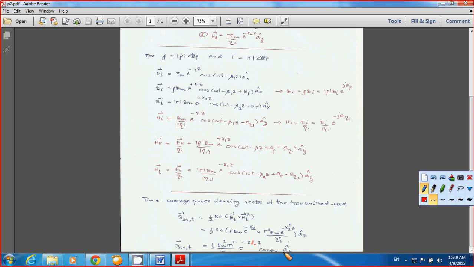And cosine theta. So what is this theta supposed to be? It's supposed to be your theta eta 2, correct? And then you have the direction of the time average power density vector in the positive z direction, the same direction as the electromagnetic wave propagates.